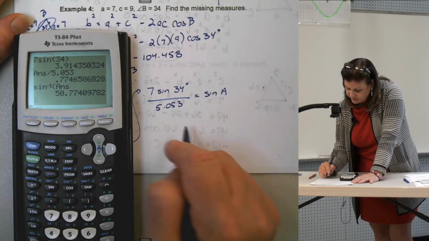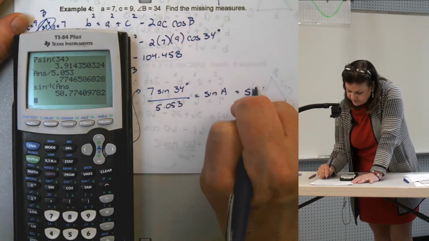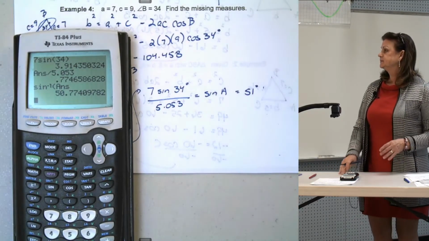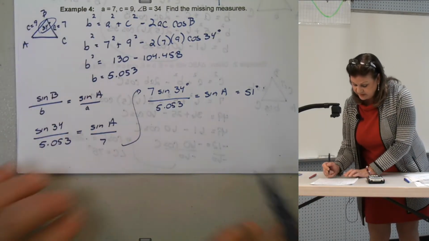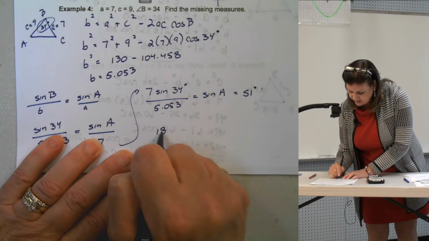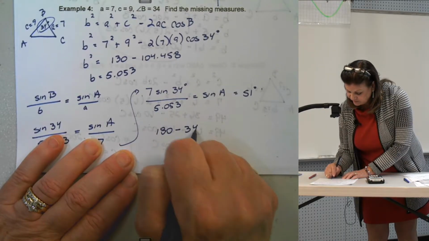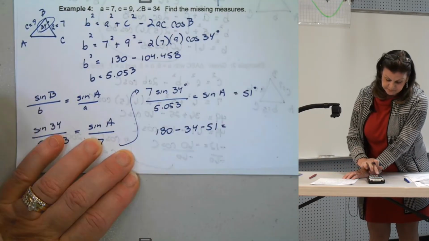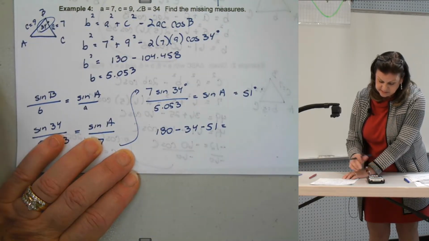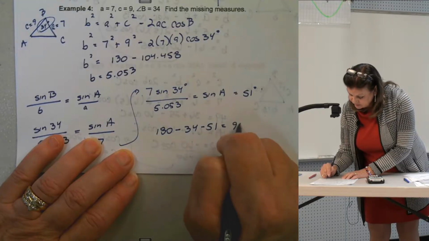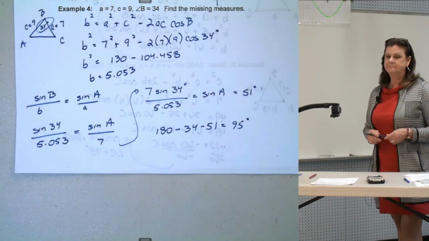And we end up with 51 degrees for angle A. And then, of course, that makes angle C 180 minus 34 minus 51. Yes, I know I can do it in my head, I just don't feel like it. So angle C is 95 degrees.